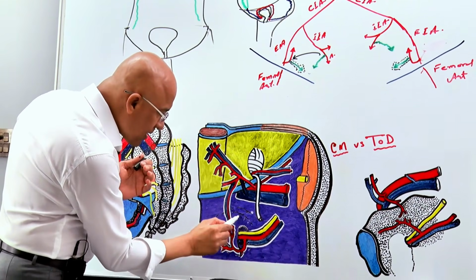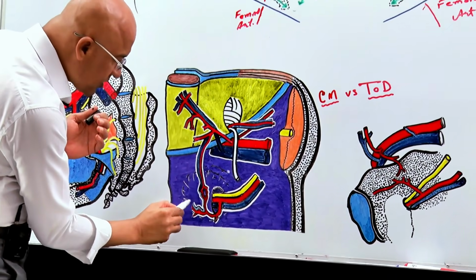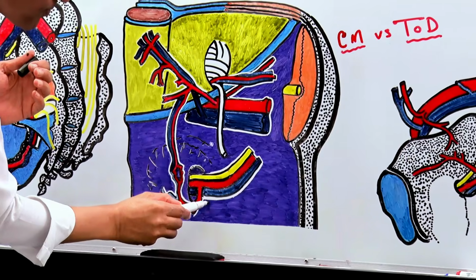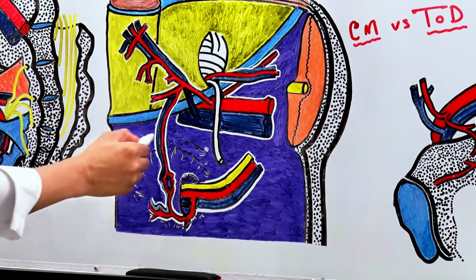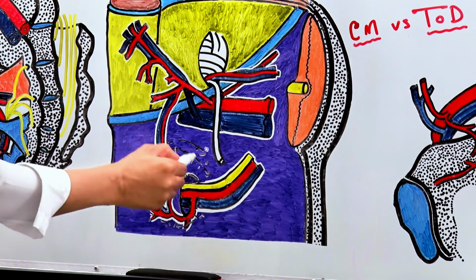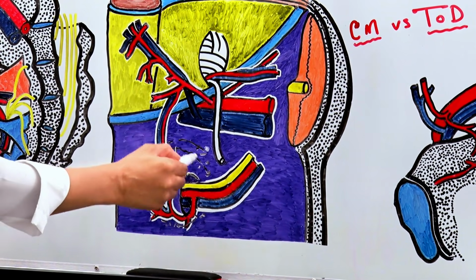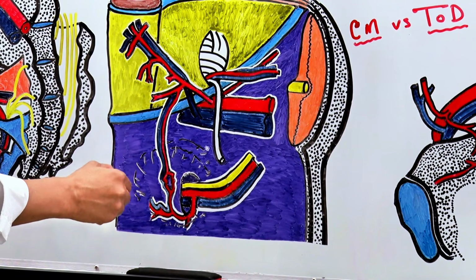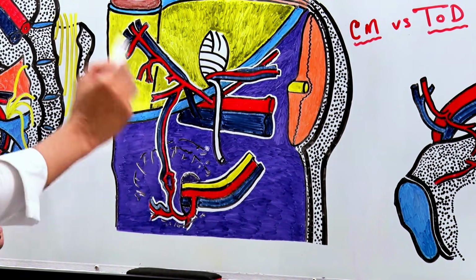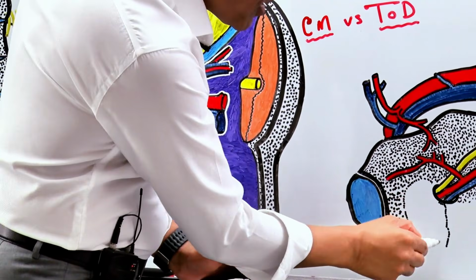This fascia, which fascia is this still? Now this parietal pelvic fascia is just overlying obturator externus, no, internus, obturator internus. Look at it. What is this?